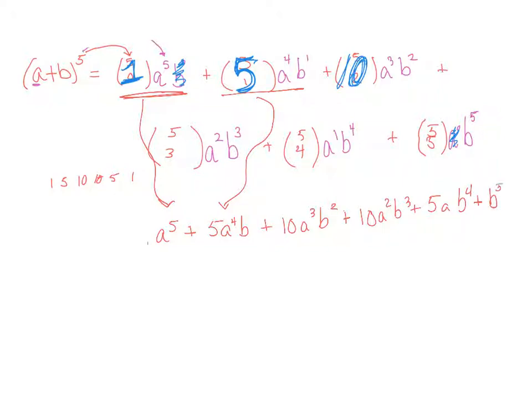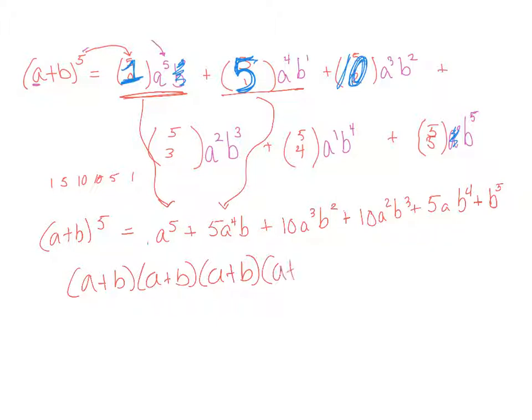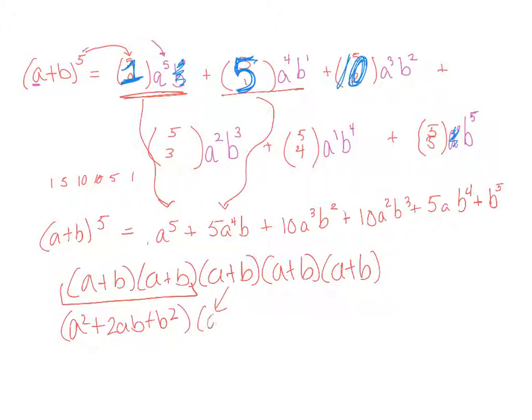b to the 5th. So if you actually did a plus b to the 5th, that would be a plus b times a plus b times a plus b times a plus b times a plus b. You would get the same answer. So you could start with FOIL and you would get a squared plus 2ab plus b squared. Then you have to multiply that by the next one, a plus b.